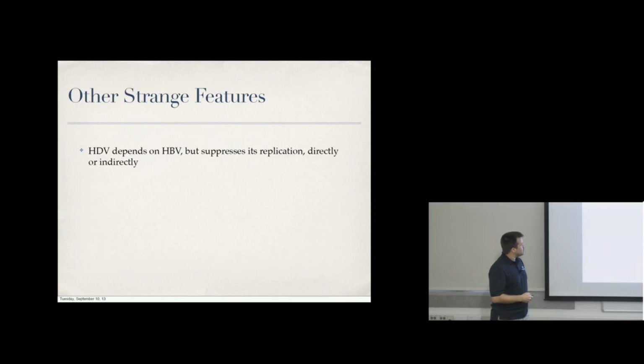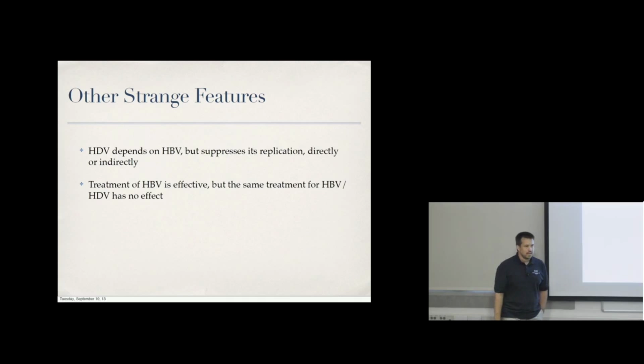Good. So, strange features, right? HBV delta depends on B, but suppresses its replication, either directly or indirectly. You have this effective treatment for hepatitis B, so you would think, okay, I have B, and then I have delta that depends on B. So if I treat the underlying infection, I should be able to deal with the co-infection as well.